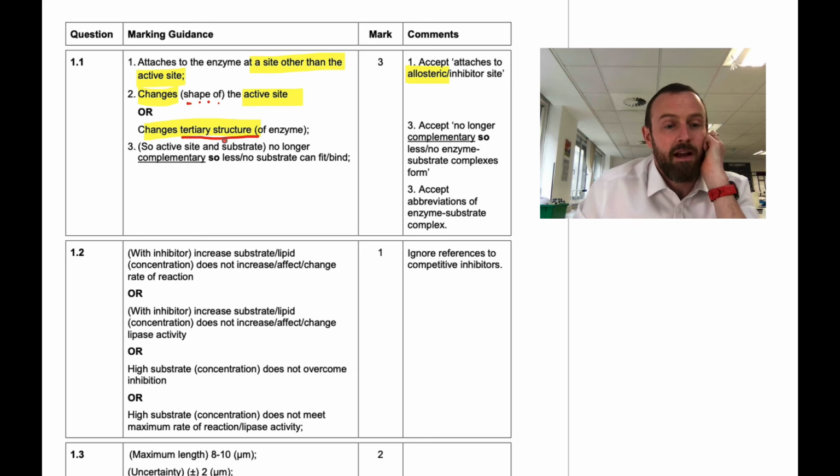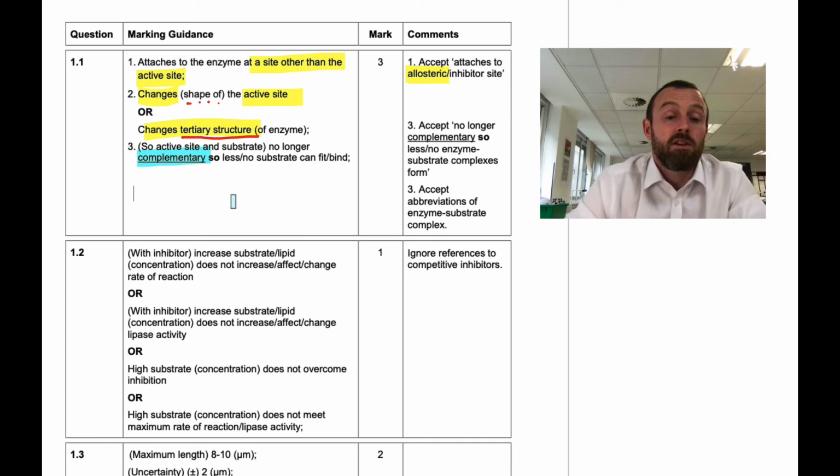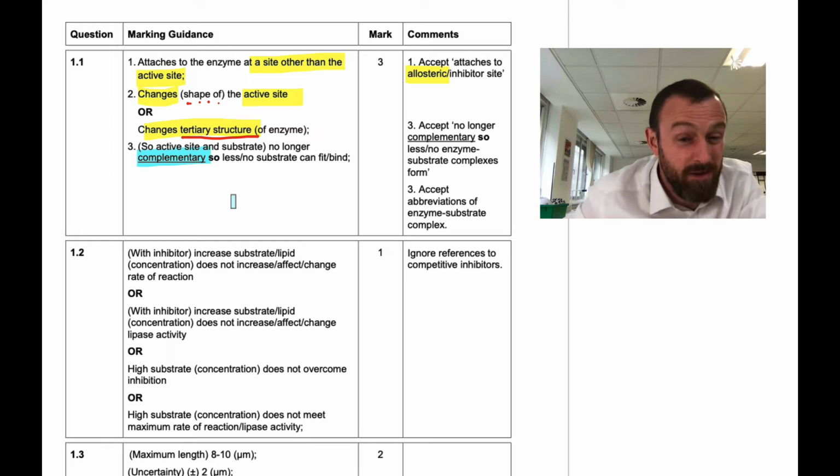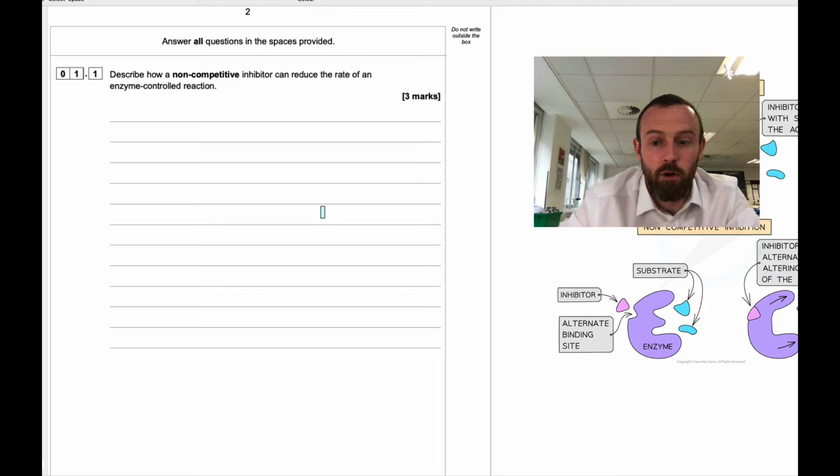Okay, I'm not sure if I would have said this last thing. I said, so the substrate can no longer fit or bind. So I think I would have missed this mark. I'm still relatively new to AQA. Complementary is a key word you would have to say, so that the substrate is no longer complementary. Okay, moving on.